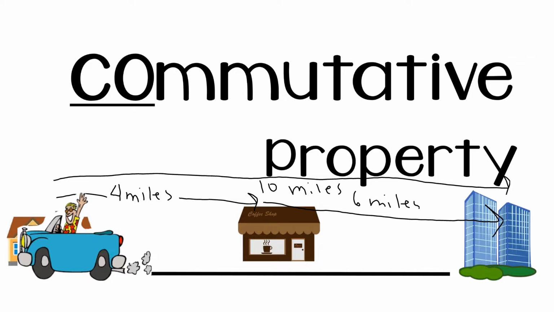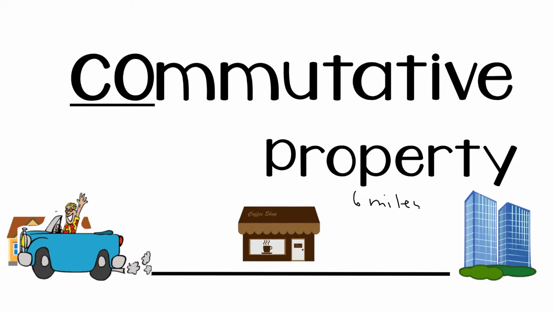Now, we talked about how the distance from work to home and from home to work is a total of 10 miles each, so for a total of 20 miles. So it doesn't matter which way we're going, whether we're going from here to the coffee shop and then the rest of the way to work, or from work to the coffee shop and all the way home. It's always going to be a distance of 10 miles.